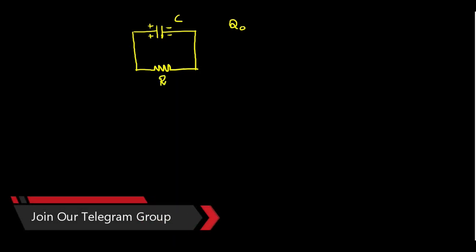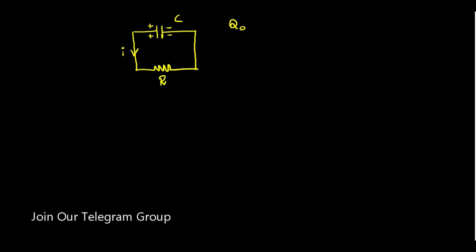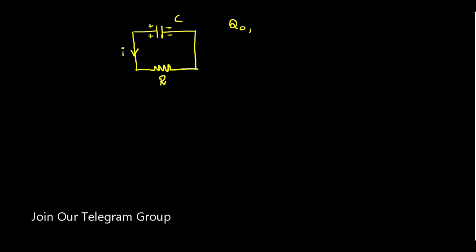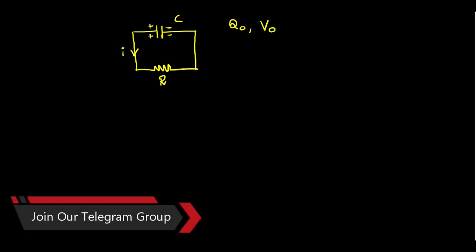The current flows like this in the circuit, and the capacitor starts discharging, and the energy is dissipated across the resistor. Q naught is the maximum value of the fully charged capacitor, and V naught is the voltage of the fully charged capacitor. Now let's draw the characteristic curves.